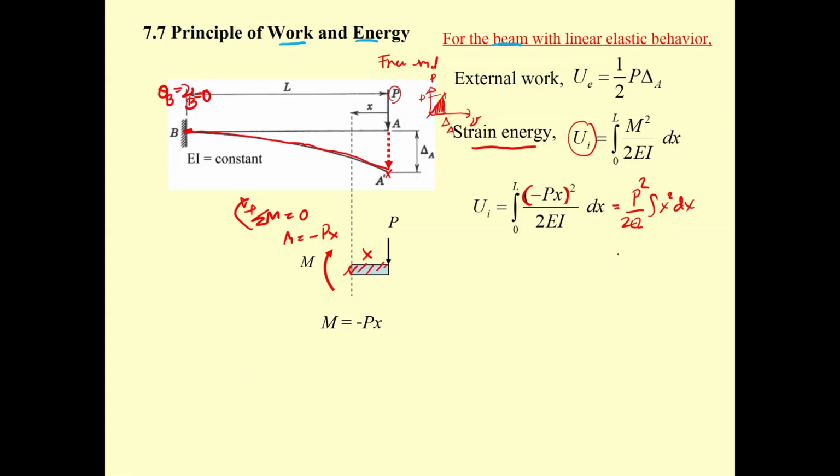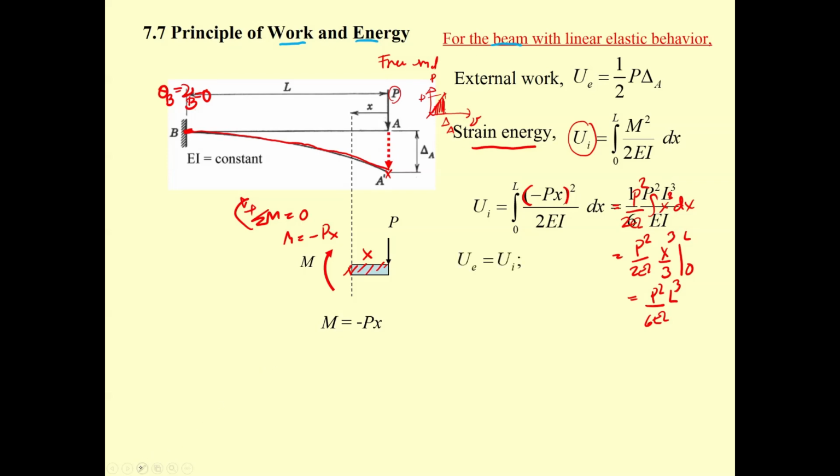Then you take the integral, and it's going to be P squared over 2EI times x cubed over 3 from 0 to L. And then you get P squared over 6EI times L cubed. So you got this equation, P squared L cubed over 6EI.